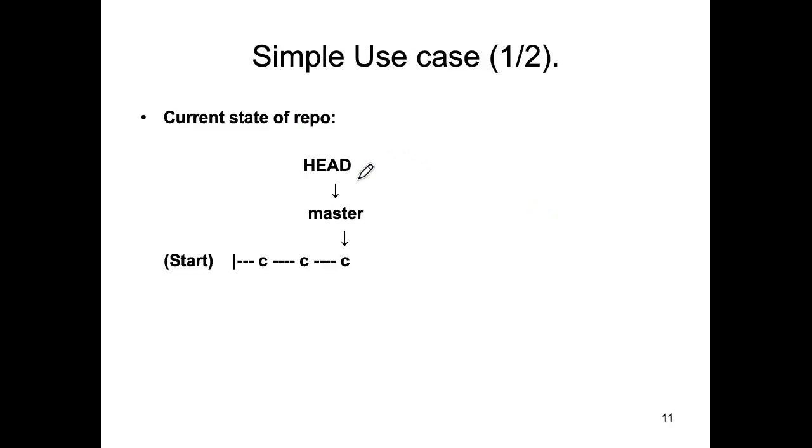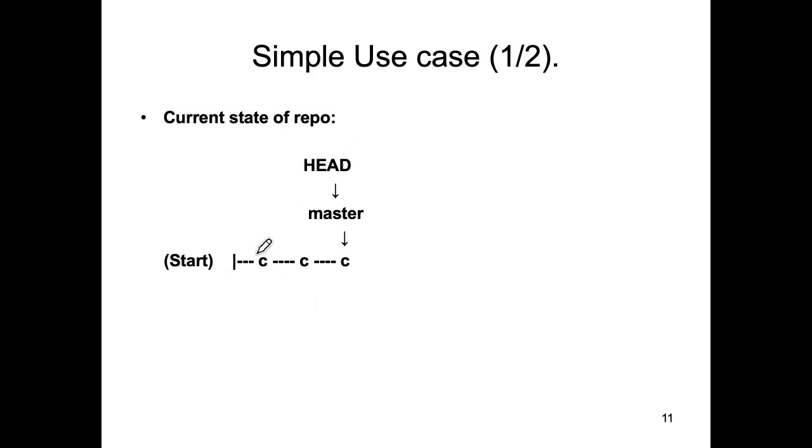Now, eventually we want to go creating branches and switching from one branch to another branch and merging branches together. That's what I want to try and achieve in the next couple of slides. And so I'm setting the scene here, supposing the current status of a repository, and this is my way of representing the internals of a repository.